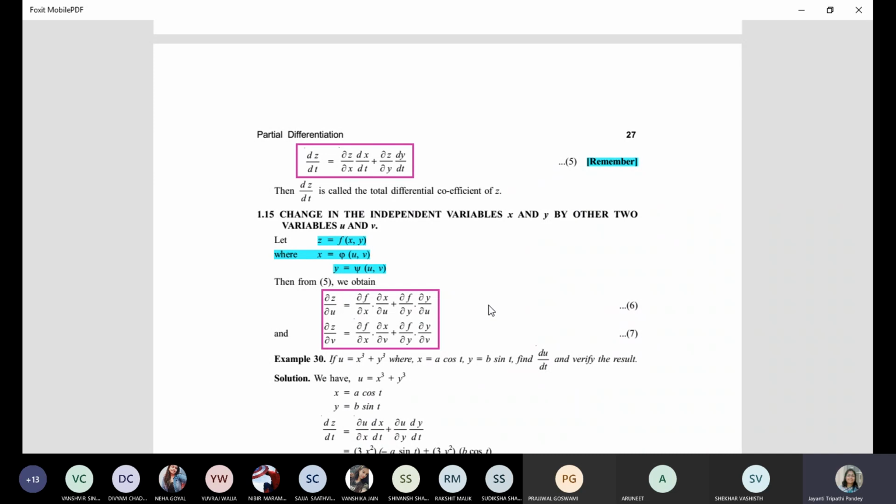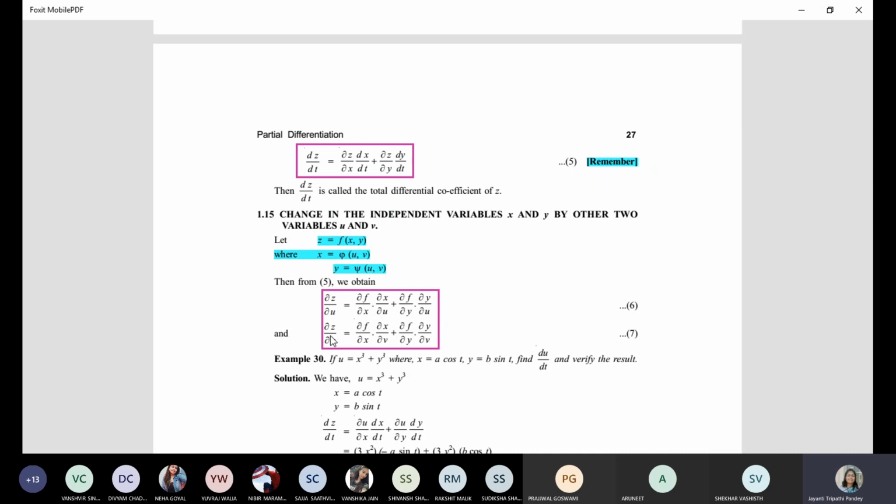In that situation, when x and y are functions of two variables u and v, obviously now you will get z in terms of two variables. The derivative of z will depend on two variables. So del z by del u is this. That means you differentiate f with respect to x and then x with respect to u, plus you differentiate f with respect to y and then y with respect to u.